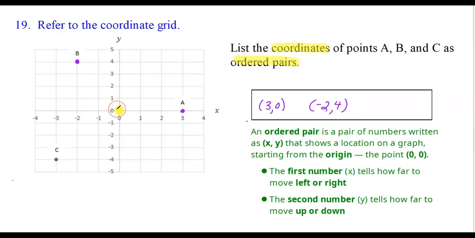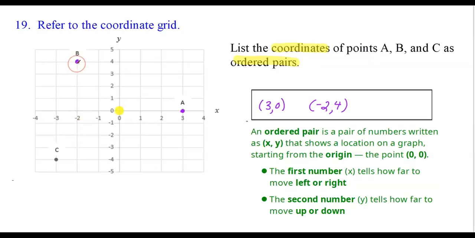Let's go through this. We start at the origin. The first number tells us how far to move left or right. So we move left 1, 2 units. That's -2 because we moved to the left. So the x value is -2. And then from here we move up 1, 2, 3, 4 units.